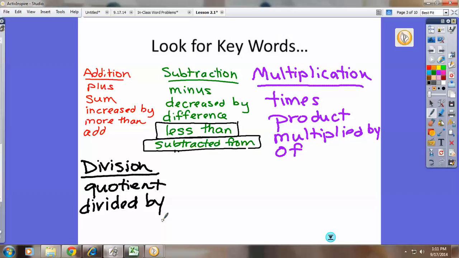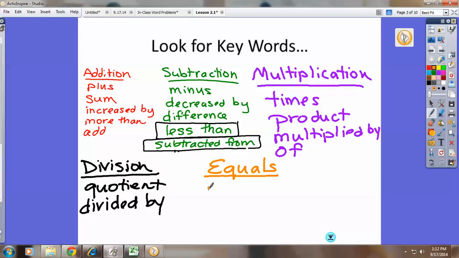And new to us today, these are all things you probably talked about with Mrs. Quinn, correct? When you learned about the different operations, writing the expressions. The new one today is going to be equals. Because all of our sentences today are going to be equations that we're going to write. So obviously equals, what are some things that we know?